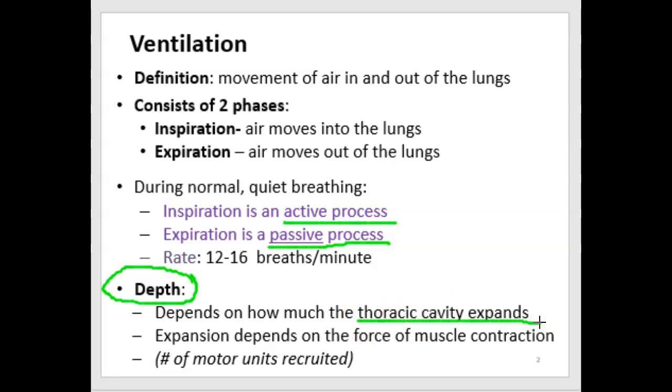And the degree of expansion will depend on the force of muscle contraction, which in turn is dependent upon the nervous system and how many motor neurons are innervating that muscle. The more motor neurons that stimulate a muscle, the harder it's going to contract, and that will increase the change in the thoracic cavity.